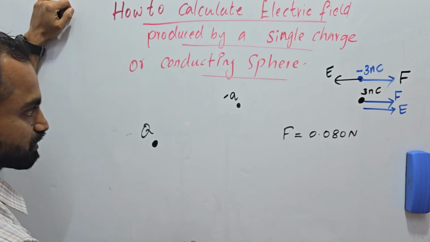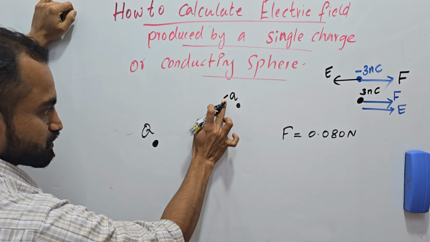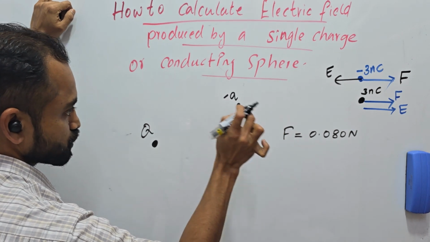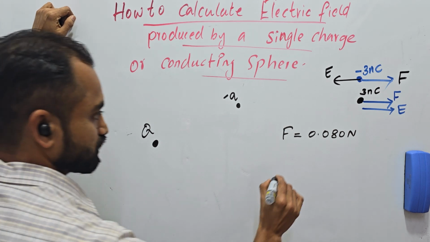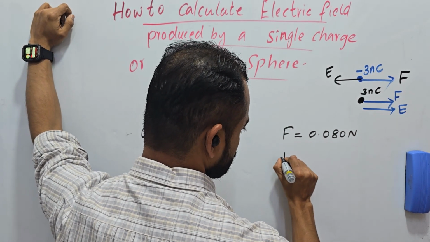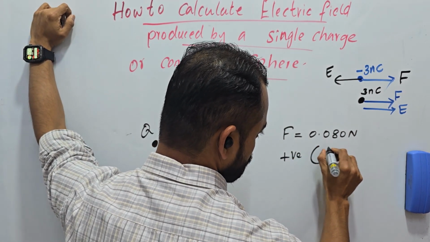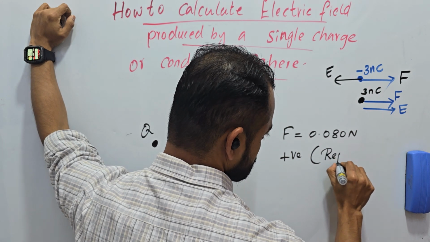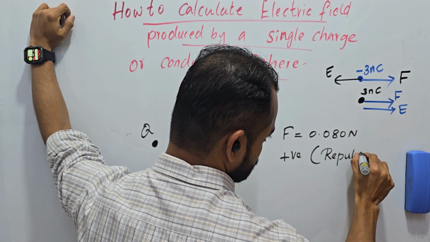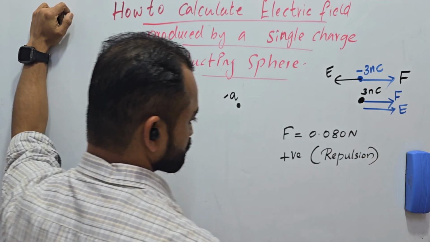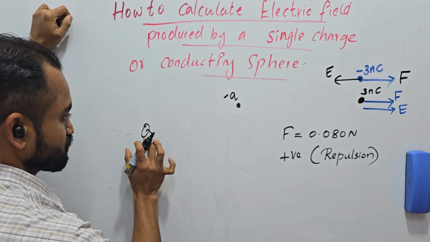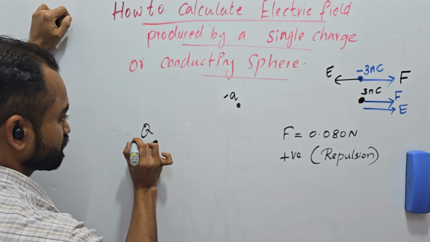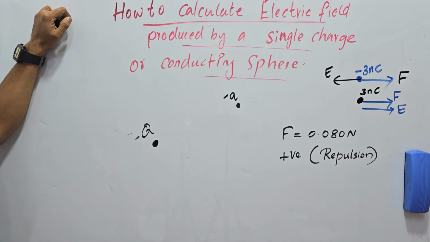Students, see here, one of the charges is negative and the force is positive. You know that a positive force means repulsion, correct? So here there is a repulsive force, so this source charge will be negative, right? Correct?